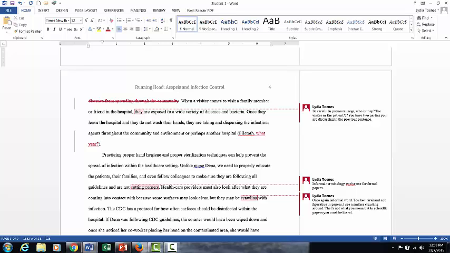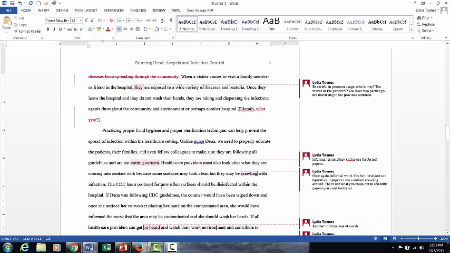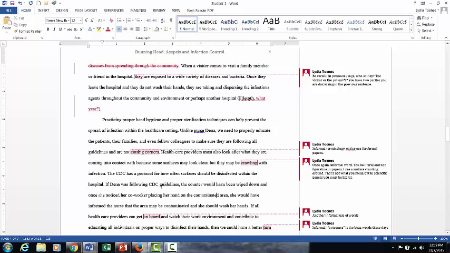However, when you're writing, this needs to say, and even fellow colleagues, to make sure they are following all the guidelines and are not breaking protocol. Some of you might start arguing, but breaking is not really figurative, but you know what I'm saying. Breaking protocol, or you could say not following protocol.